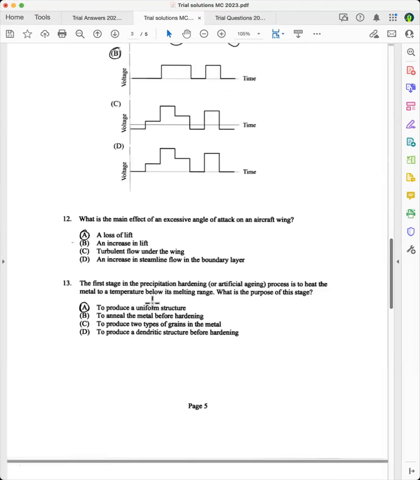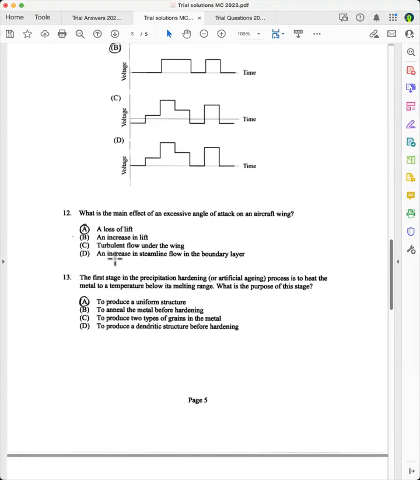What's the main effect of an excessive angle of attack on an aircraft? Excessive angle of attack creates turbulence and it reduces lift on a wing. And so it's a loss of lift. The first stage in precipitation hardening or artificial aging process is to heat the metal to a temperature below its melting point. What's the purpose of this stage?